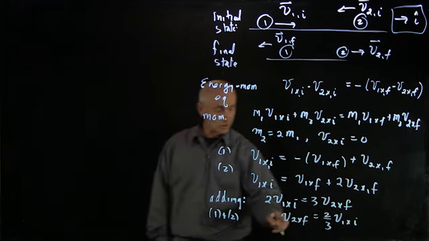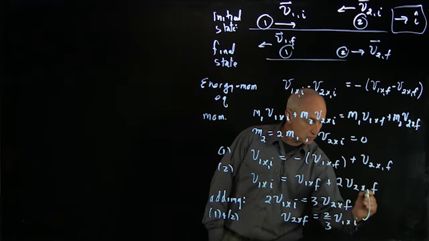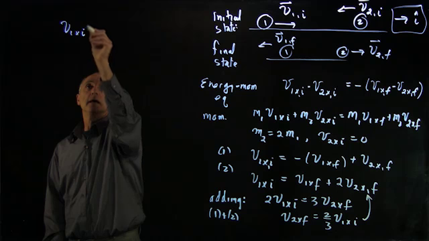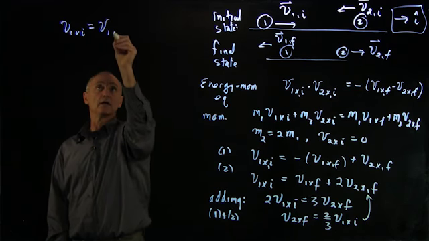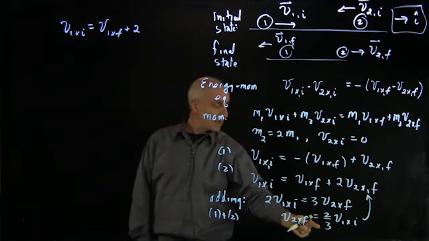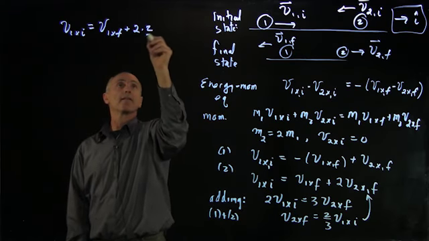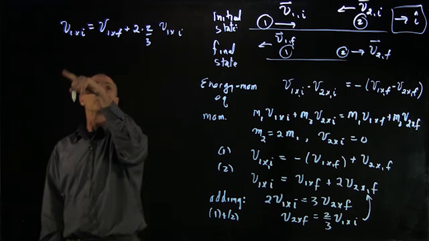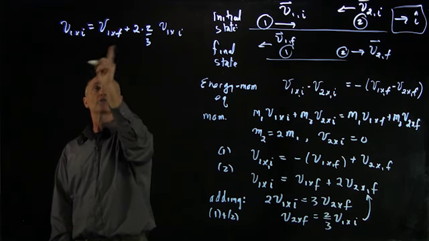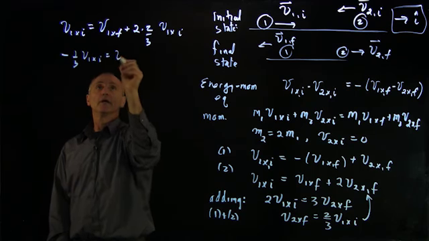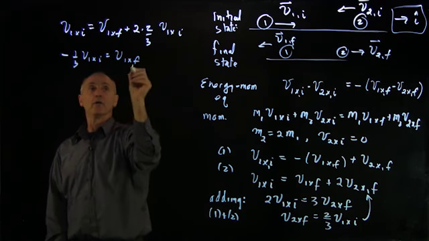So let's do that. Let's substitute that in right there. And we get v1x initial equals v1x final plus 2 times 2/3 v1x initial. When we bring that over to the other side, 1 minus 4/3 is minus 1/3 v1x initial equals v1x final.